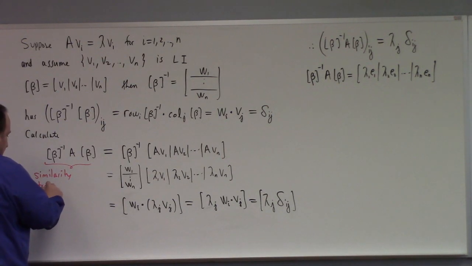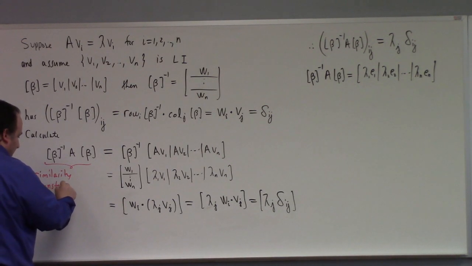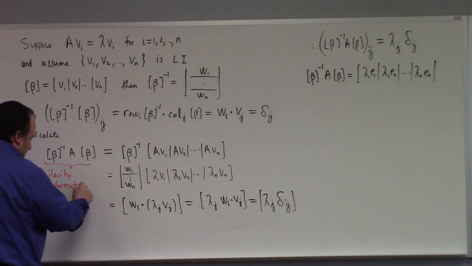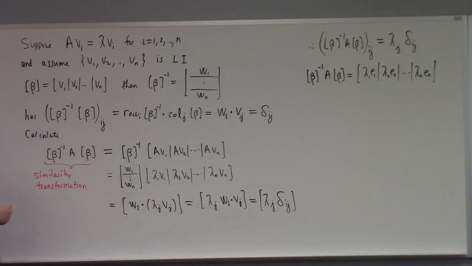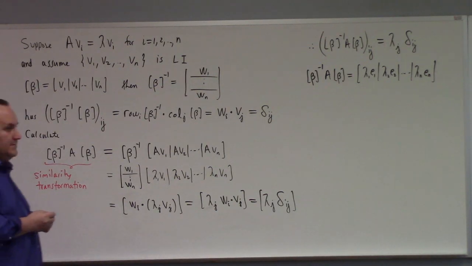A similarity transformation is when we take a matrix and we pre and post multiply by a given invertible matrix and its inverse. And it turns out that if you have an eigenbasis, we can do a similarity transformation to diagonalize the matrix. All right?